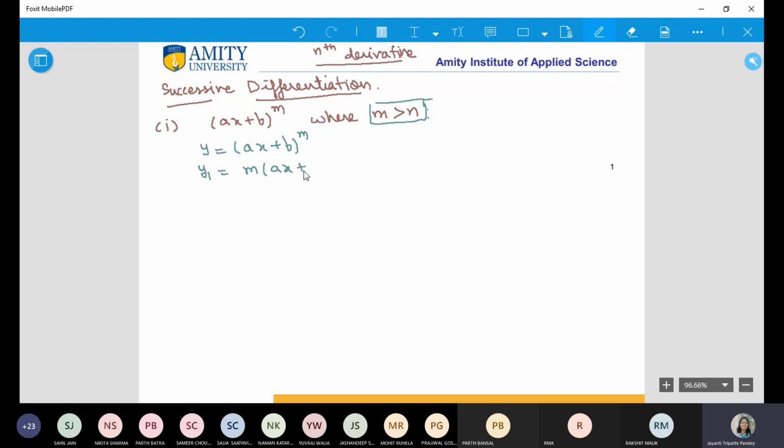We use the chain rule. So I can write it as a m (ax plus b) to the power m minus 1. Agreed? Yes, ma'am. What will be y2? a squared m multiplied by m minus 1 multiplied by (ax plus b) raised to the power m minus 2.